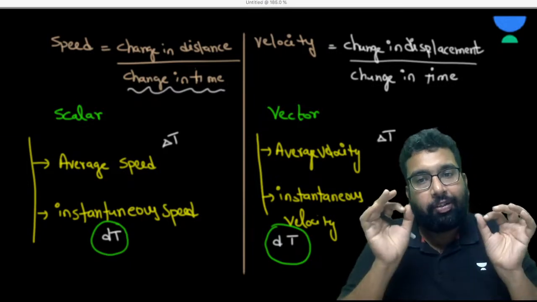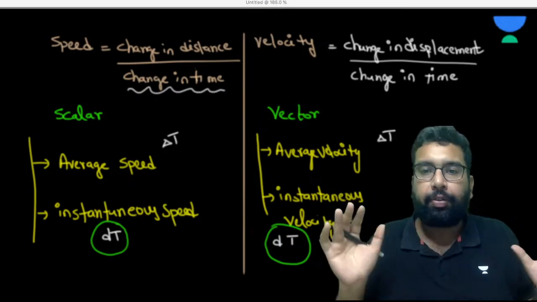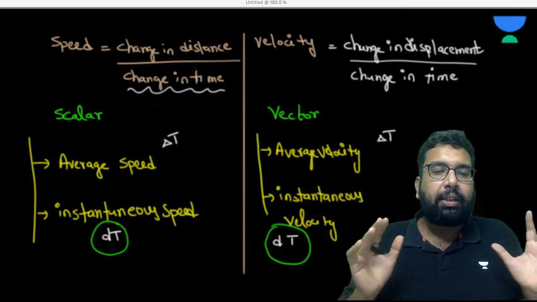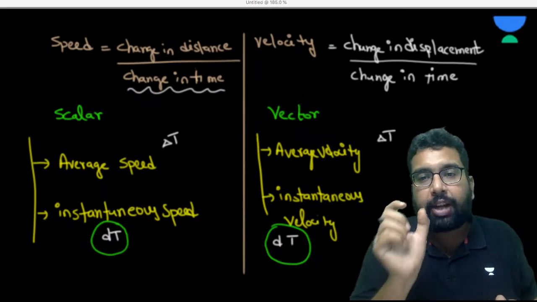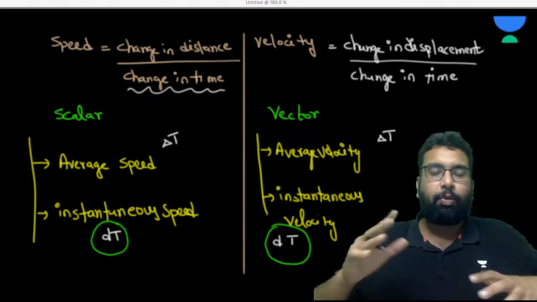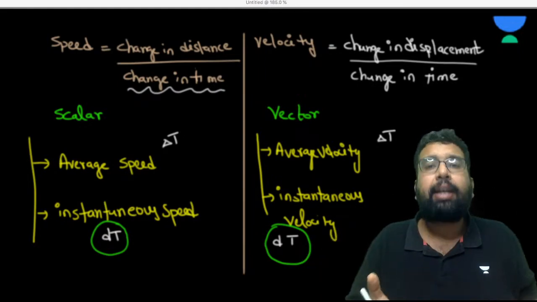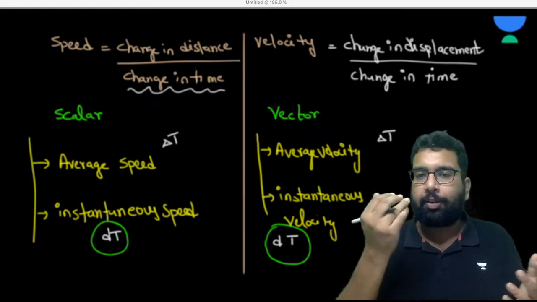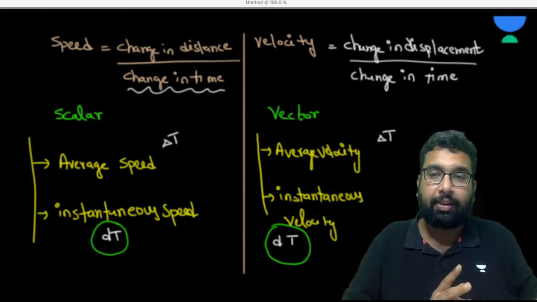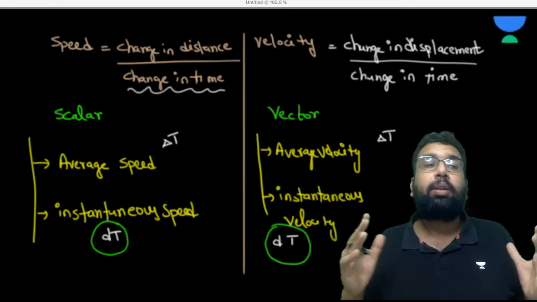If the change in time is big enough, that means you are seeing the change in distance or displacement in a finite time interval, like something in motion for 5 seconds, 2 seconds, 1 second, 0.5 second, even 0.1 second. That is also an average speed or velocity.